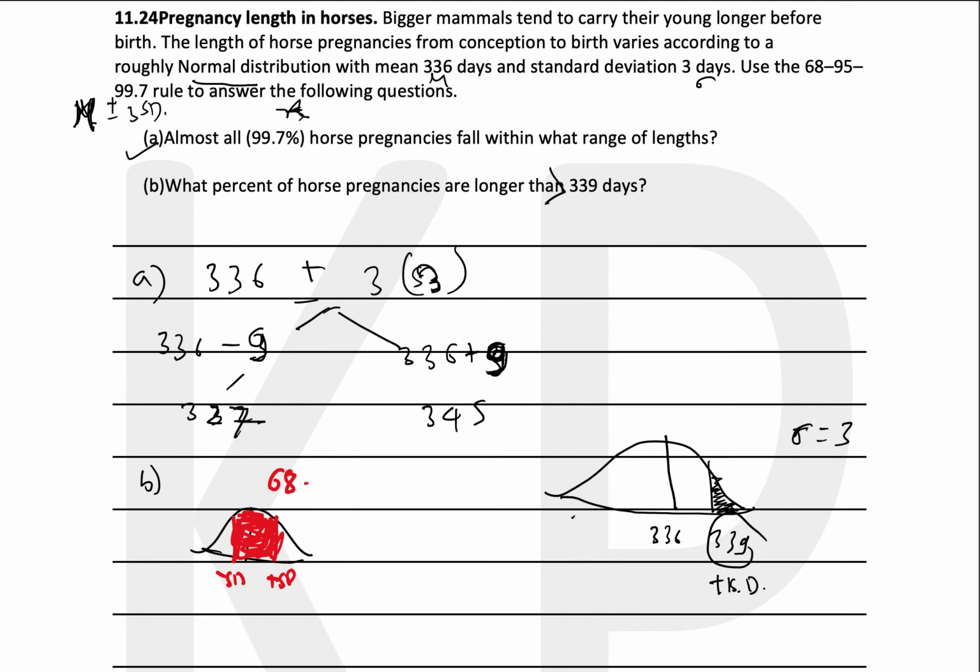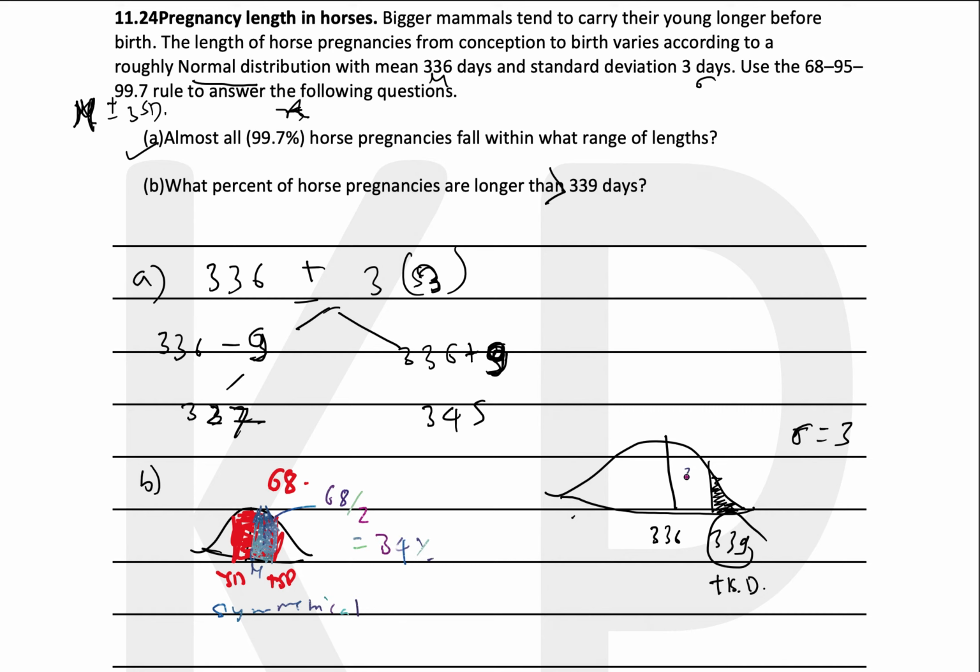So the area on one side of the mean, up to the positive one standard deviation, is going to be half of this 68%. Why half? Because these are symmetrical distributions, because these are normal distributions. So half of that is going to be 34%.